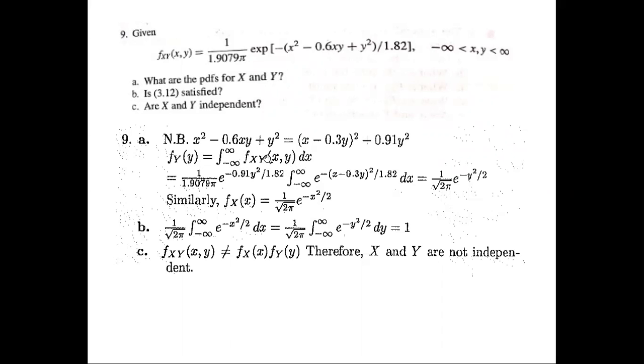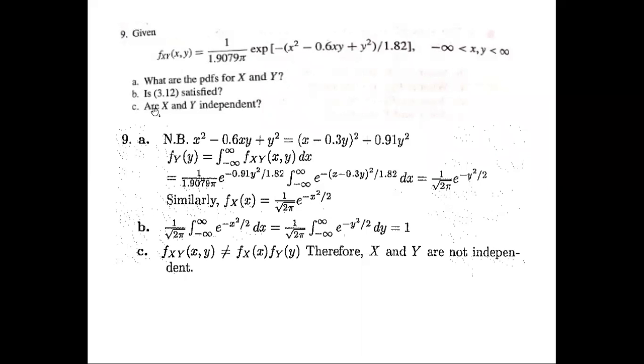In place of this you substitute the term I mentioned, and then integrate. So f of x will have x squared, the remaining term stays the same, and y minus 0.3x whole squared by 1.82, which gives e to the power of minus x squared by 2, with the quantity 1 by root of 2 pi. This is how we can solve it.